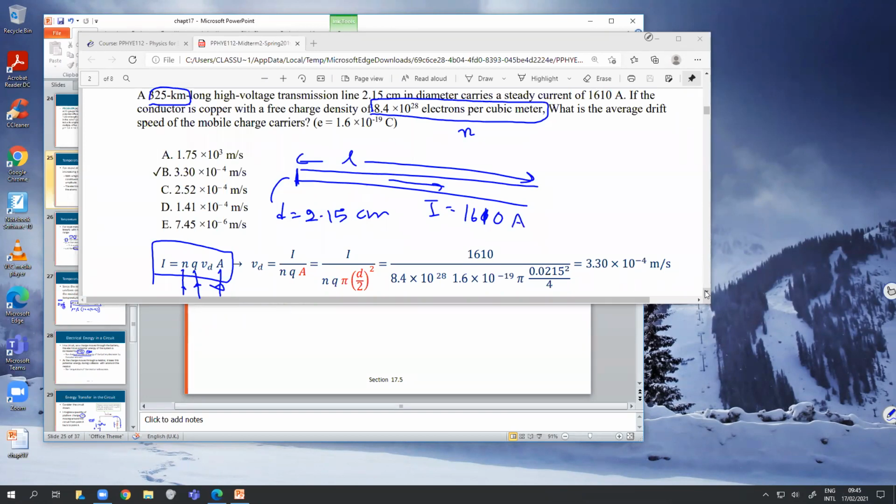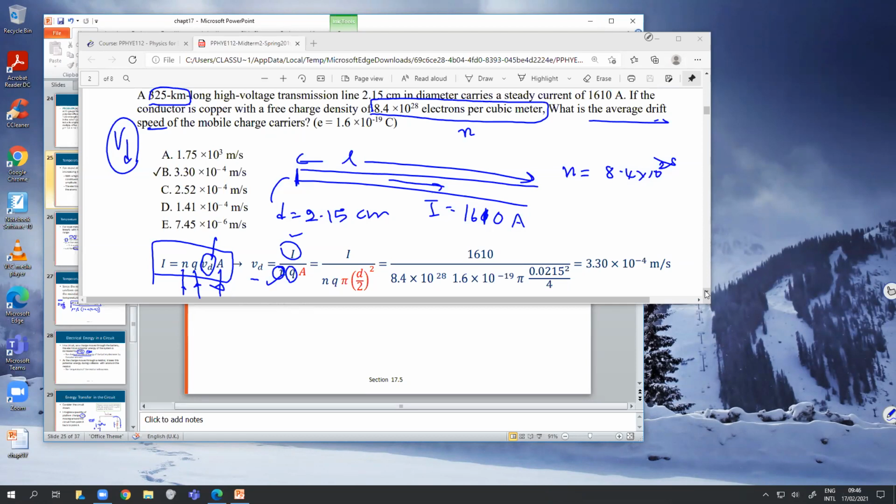If the conductor is copper with a free charge density, the N for this charge density is given to us, 8.4 times 10 to the power 28. What is the average drift speed? So he's asking for VD. If you know what the drift speed is, then you should remember it is related to the current through this equation. If you look at this equation, the only thing that is not known is the drift speed. Everything else is given in this question. Current is given, N is given. Q is the charge of a charge carrier.